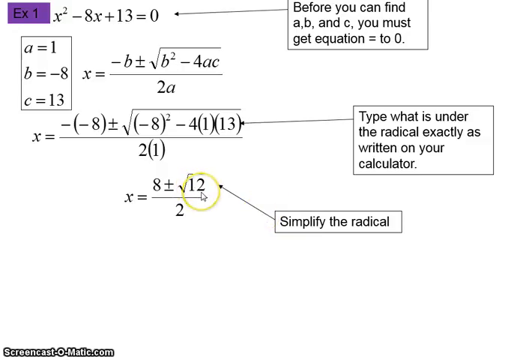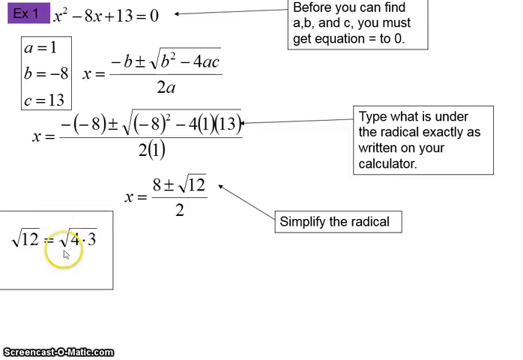The square root of 12 has a perfect square factor. Since 12 has a perfect square factor in it, we must simplify this radical by taking out that perfect square factor. Square root of 12 is the same thing as square root of 4 times 3. 4 is the perfect square, so we take the 2 out.